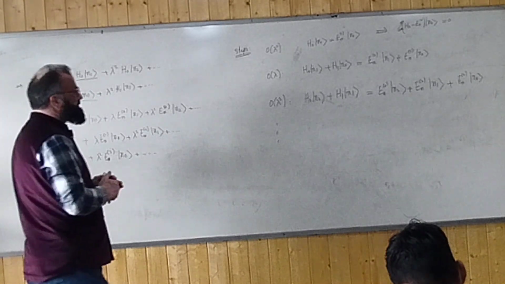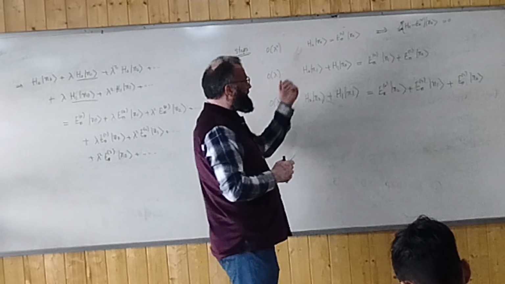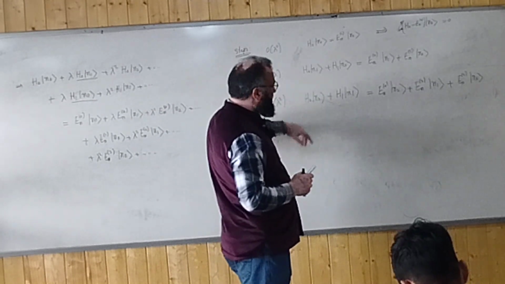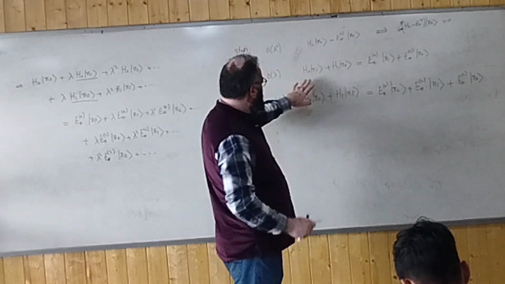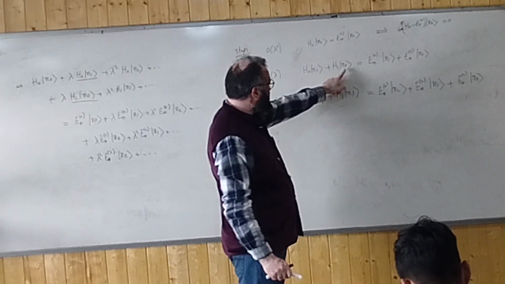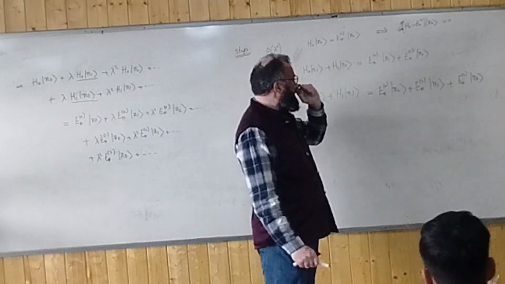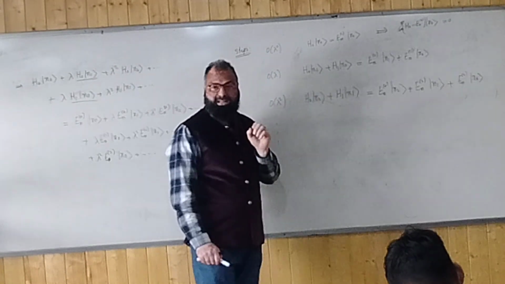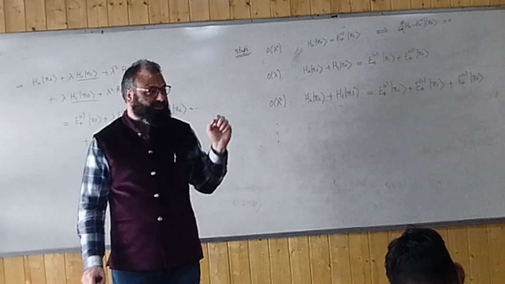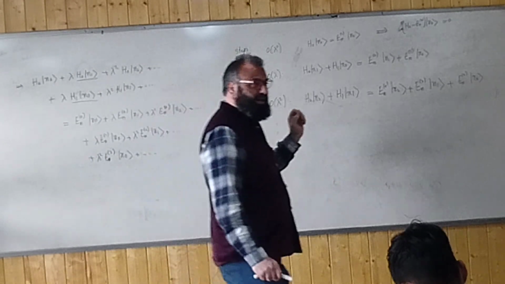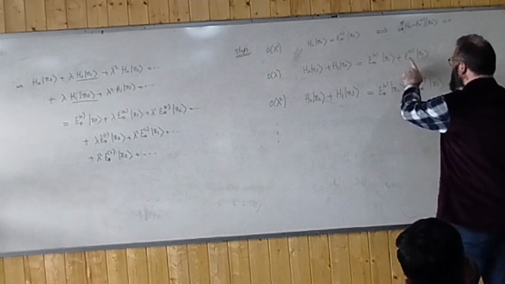And now, where from do you get the lambda dependence or the correction dependence? From here, order of lambda. Look here. In this very equation you are having both |n0> and |n1>. Clear? So now what do I need to calculate? I need to calculate the energy from this very equation, the first order correction.